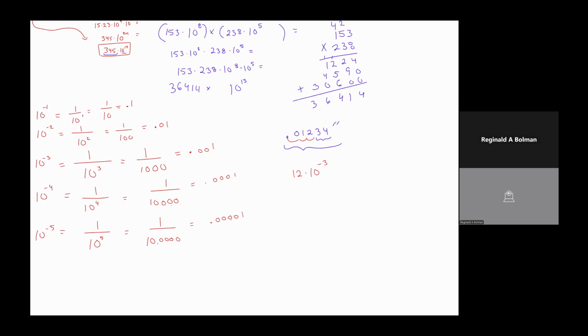So if you say this is 12 times 10 to the negative 3, we get the negative 3 by essentially counting the number of digits that are behind the significant figures. So if we're saying that we want to keep track of things that are as small as the thousandth place, then we've got 3 digits behind the decimal point. And so we can rewrite this number as whatever the numbers happen to be times 10 raised to the negative third power.